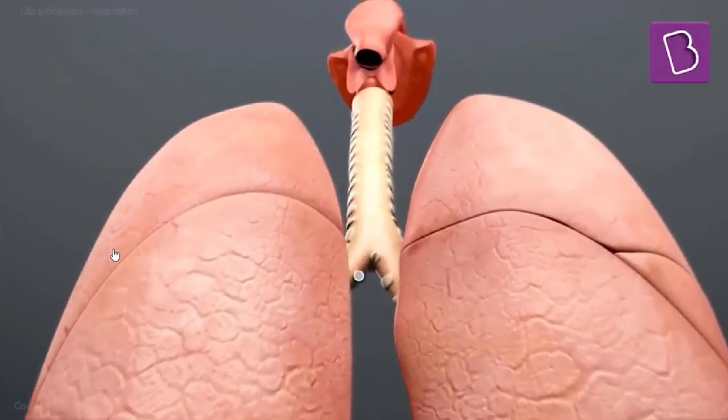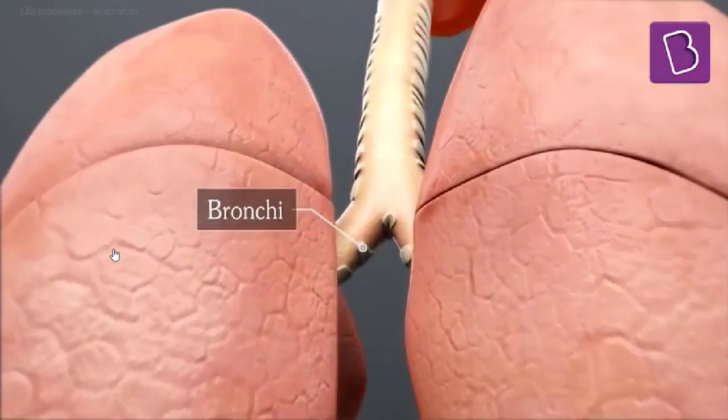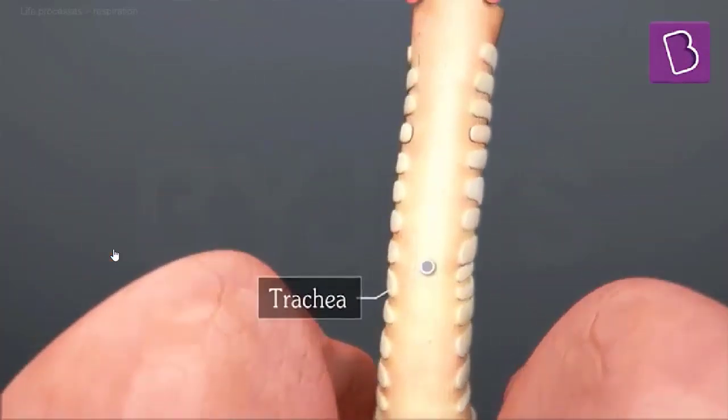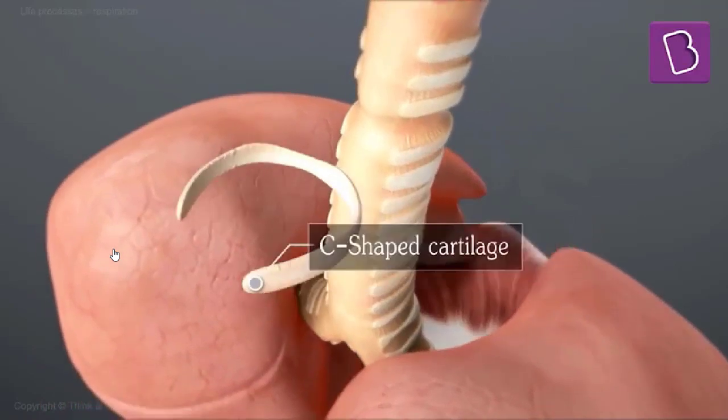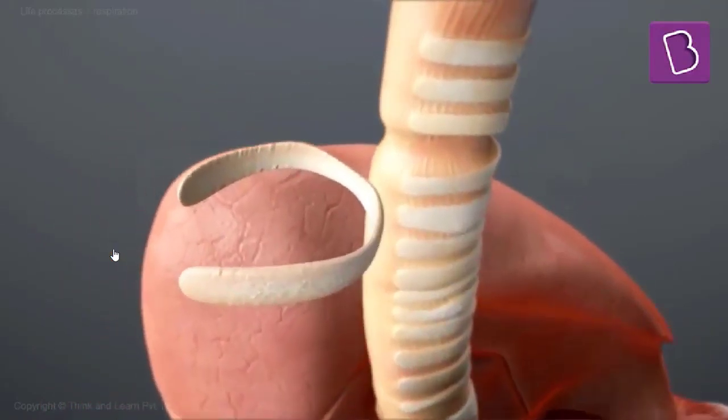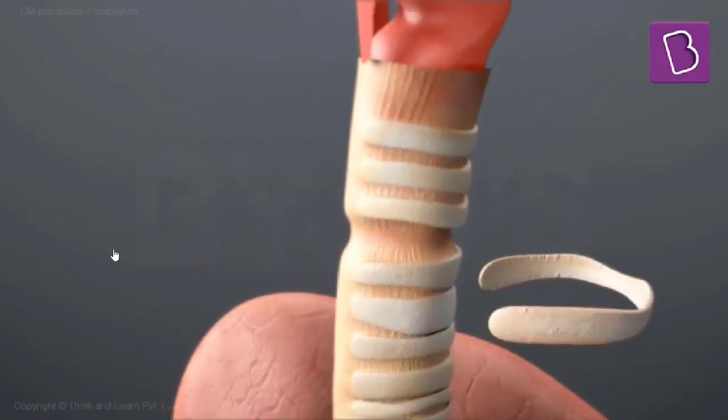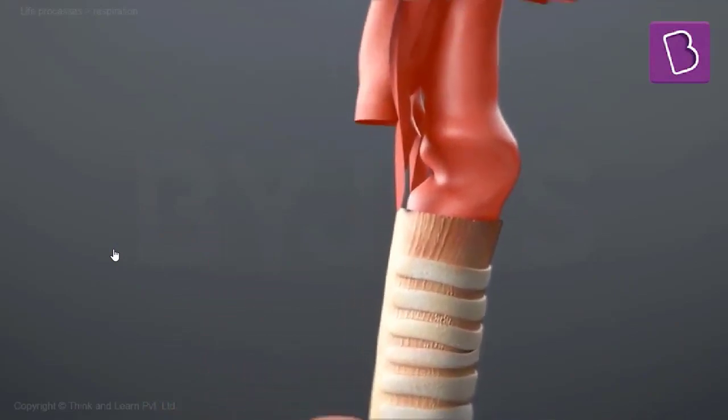Both these lungs are associated externally with the bronchi, which lead and extend into the trachea. The trachea has C-shaped cartilage which prevents it from collapsing, and this leads into the pharynx.